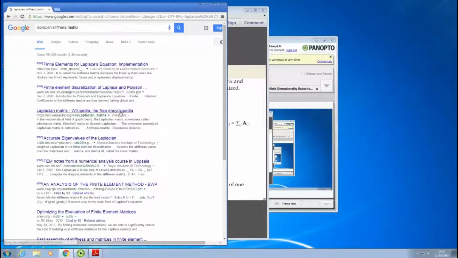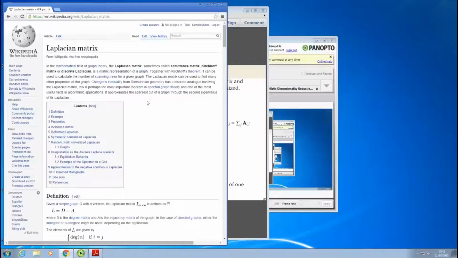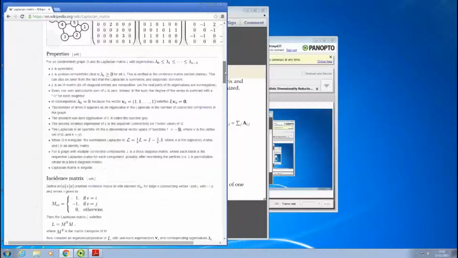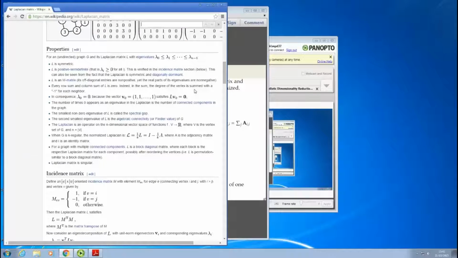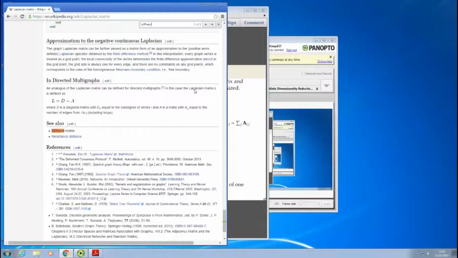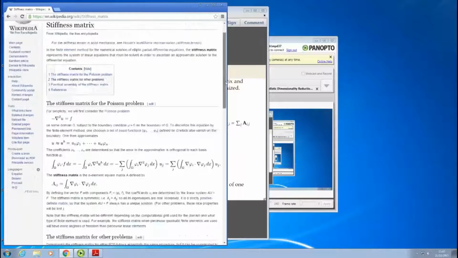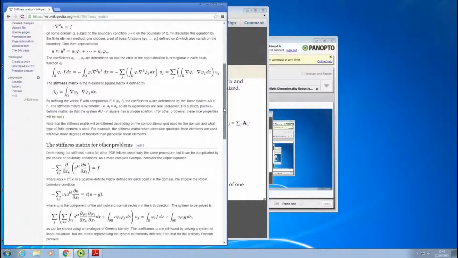Laplacian matrix. Yeah, this is the Laplacian that we're looking at. But it did say, can you see the stiffness in there? See also stiffness matrix. There you go. Told you, but look, it's not very clear in here. It is the stiffness matrix as well.